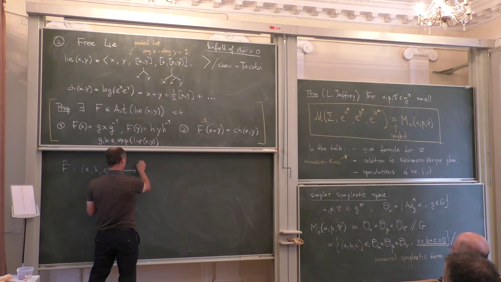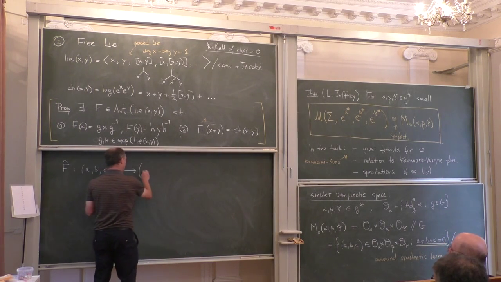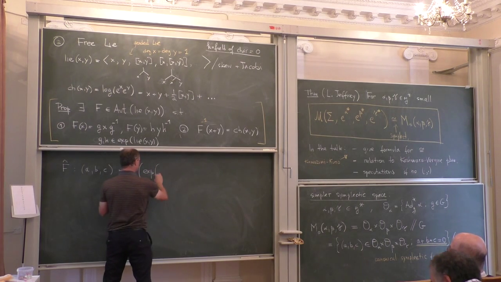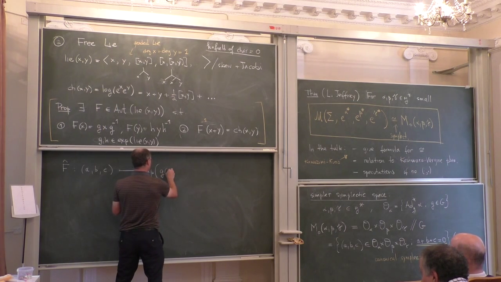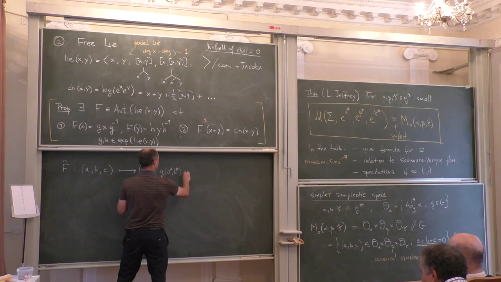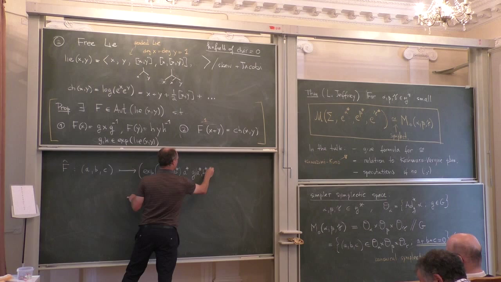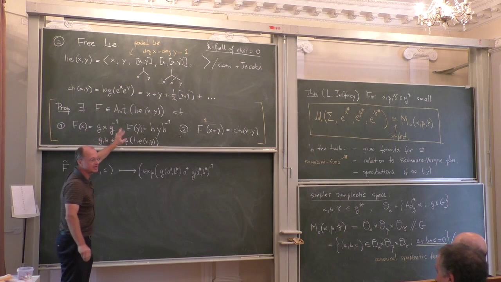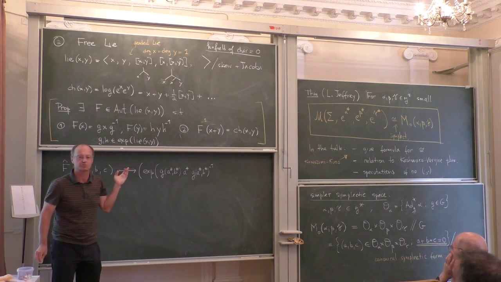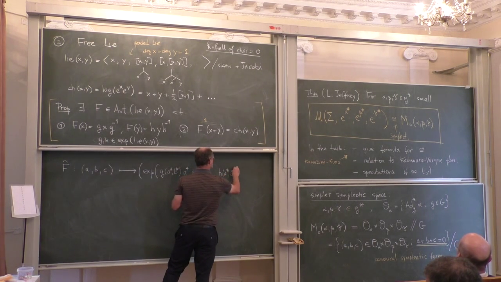Okay, so let me write a formula. It's not very beautiful, but a very natural one. So I take the exponential, and here I take g of A sharp, D sharp, A sharp, g of A sharp, D sharp minus 1. So I basically repeat what happens here, only I'm replacing x and y by the real elements of my algebra, H sharp, D sharp.